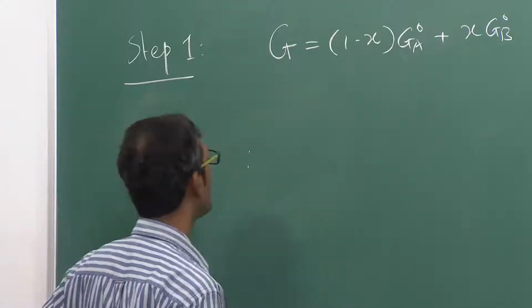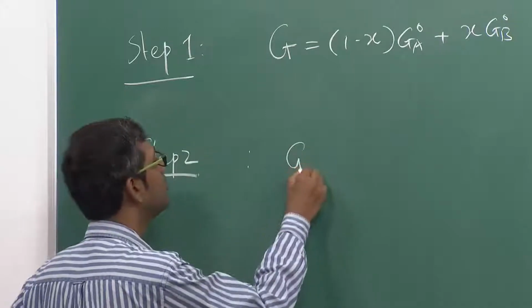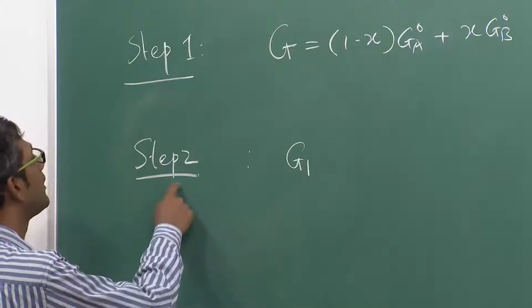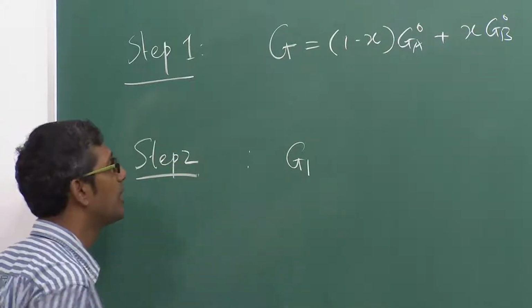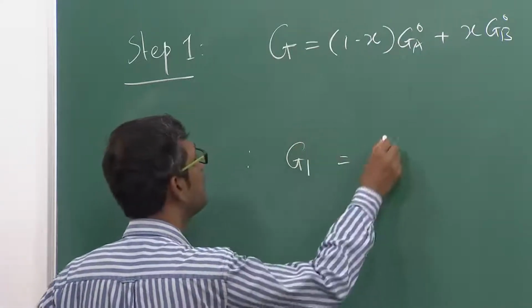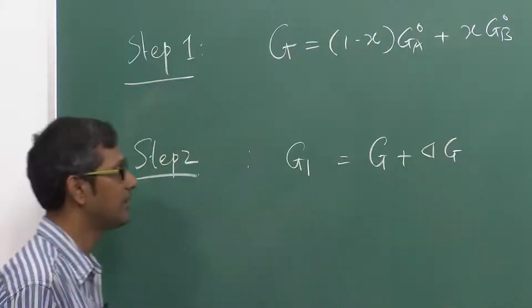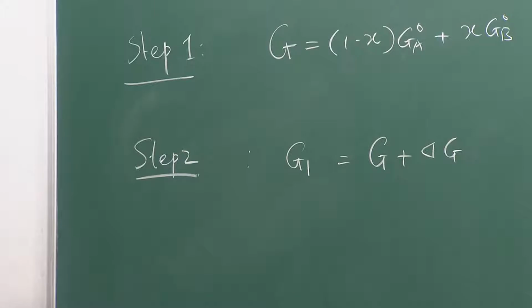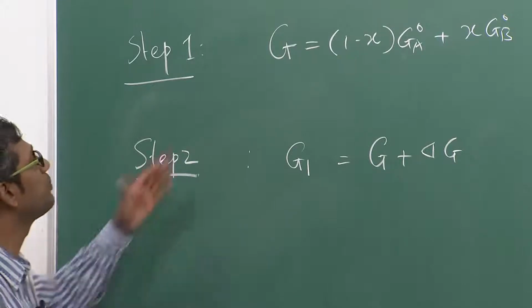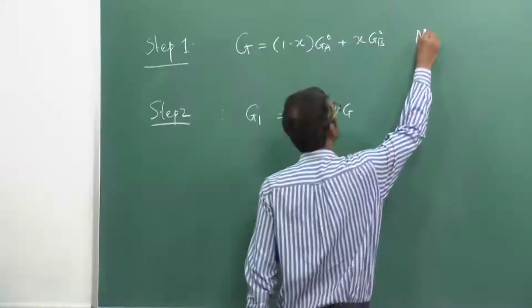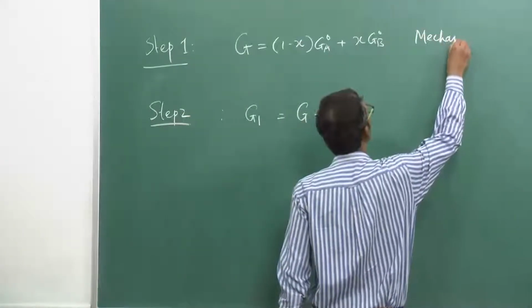To calculate that, let us assume that G1 is the free energy after step 2. Obviously, G1 will be G plus some additional term, which is delta G. Delta G is because of the atomic mixing of these two pieces. This is just a mechanical mixture.